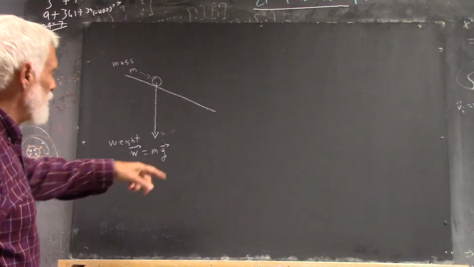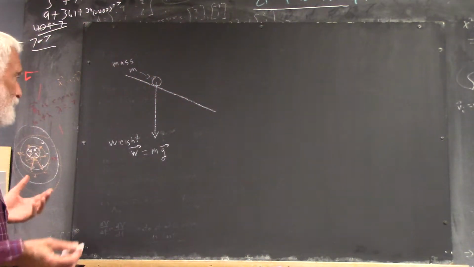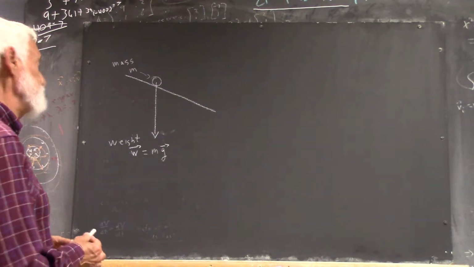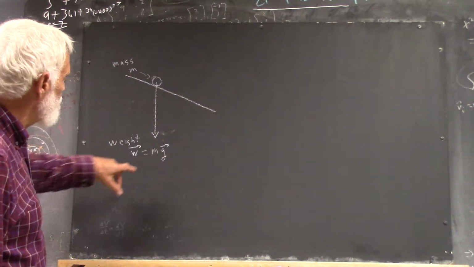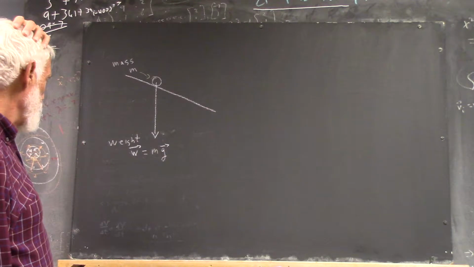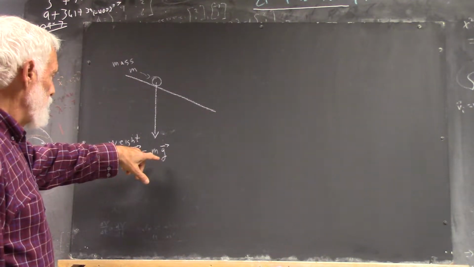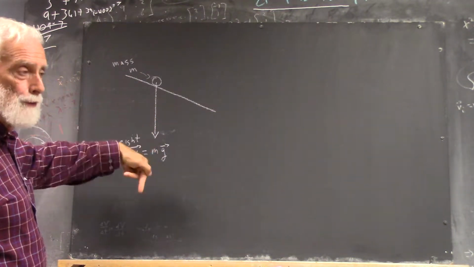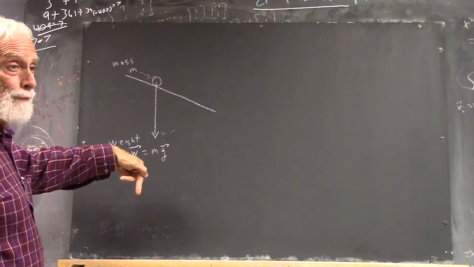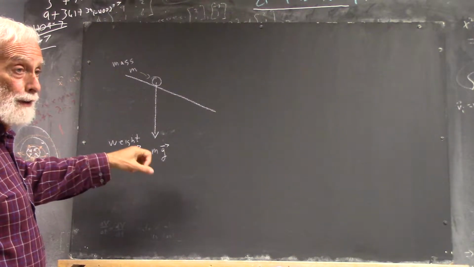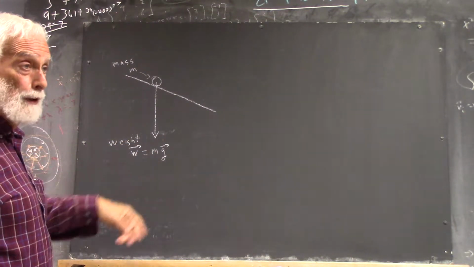So that's a concept that hopefully you saw in science classes in middle school. So you've got the gravitational acceleration vector G. Newton's second law says that force is mass times acceleration, right?